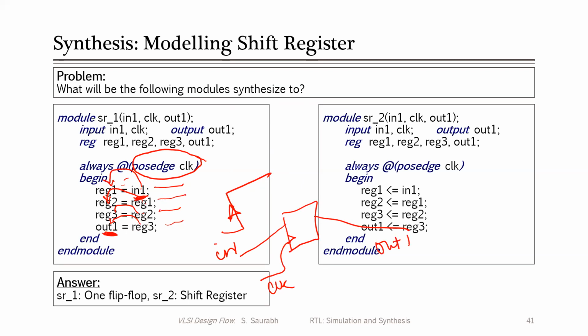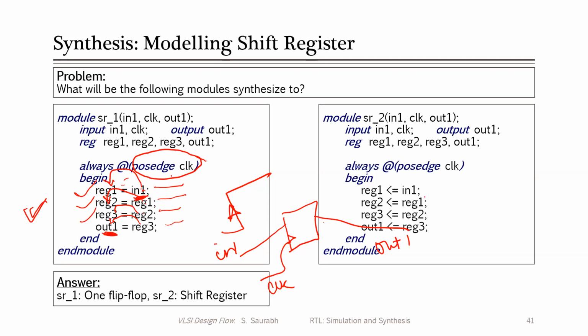You will have only one flip-flop in this case, because this is behaving like a normal programming language, this is a blocking assignment. Whatever you applied at the input, you will get at the output out1 at every clock edge. So only one flip-flop will be inferred in this case. All these intermediate variables will be optimized out by the synthesis tool.